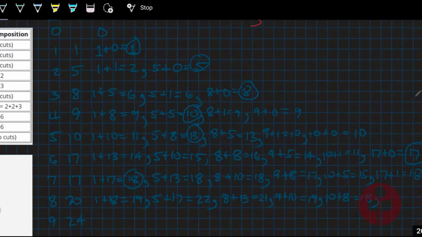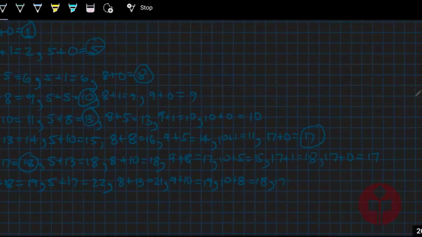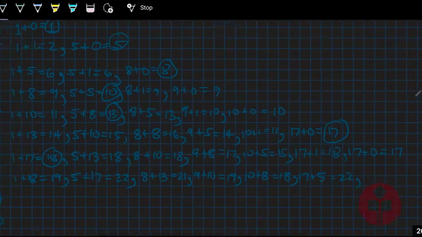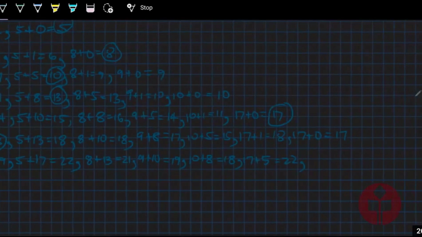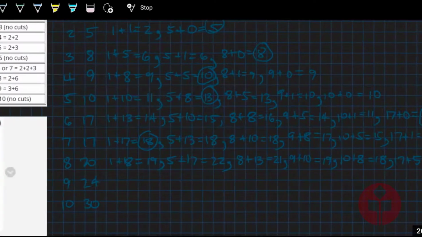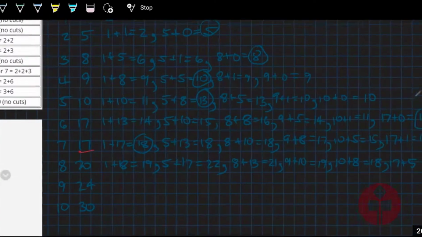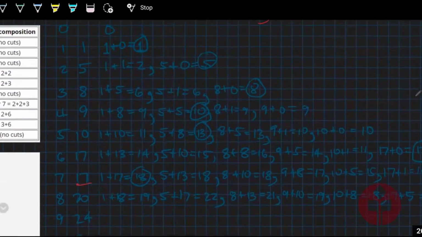4, 5, sixth calculation. 1, 2, 3, 4, 5, 6. That's this one. So we are adding the 17 and the 5. So we have 17 plus 5 equals 22. Right, so the next thing we're going to do is this 17, and that's the 7th. That's going to be added to the 1.